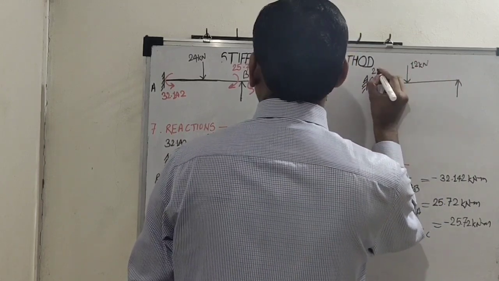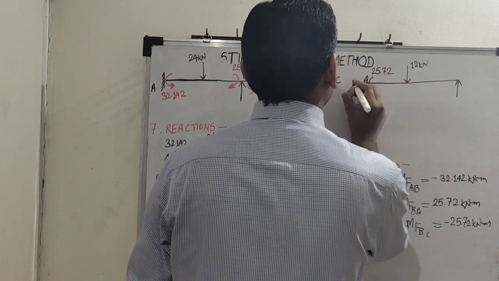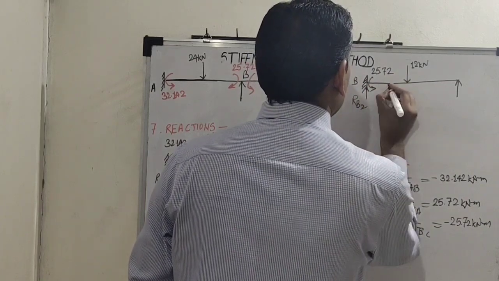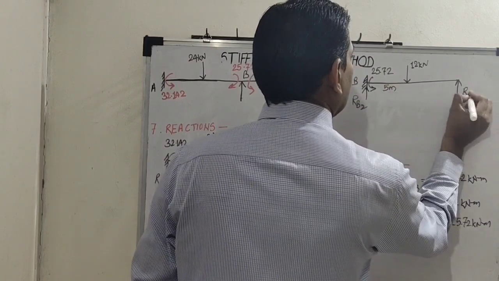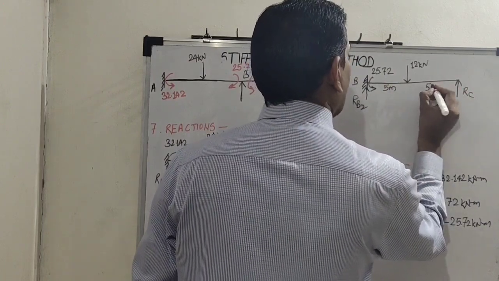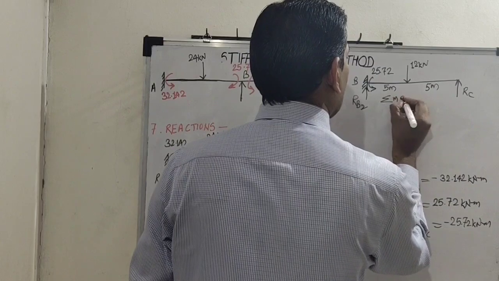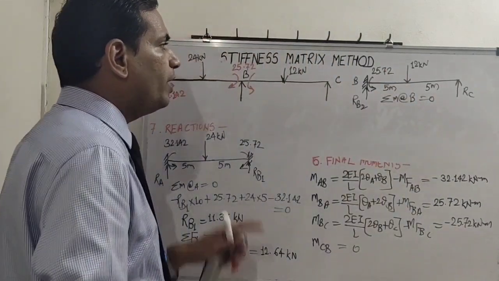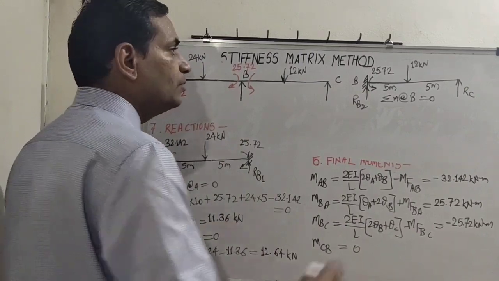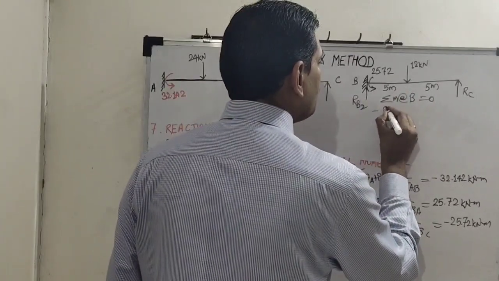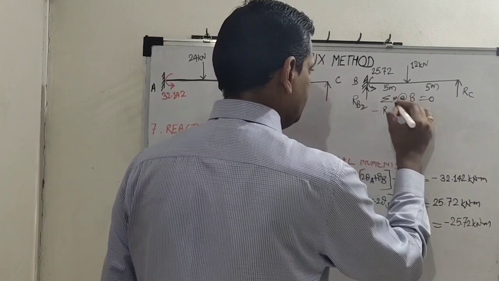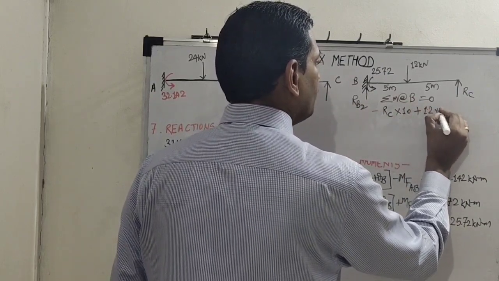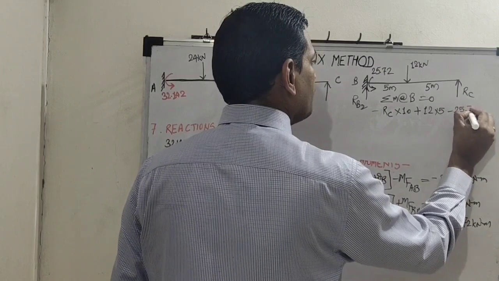Then go to the second free body diagram. Again show the external loading, final moments, show these reactions, and then apply the conditions of equilibrium one by one. So if you apply summation of moment about B, we will get this equation: minus RC into 10 plus 12 into 5 minus 25.72.